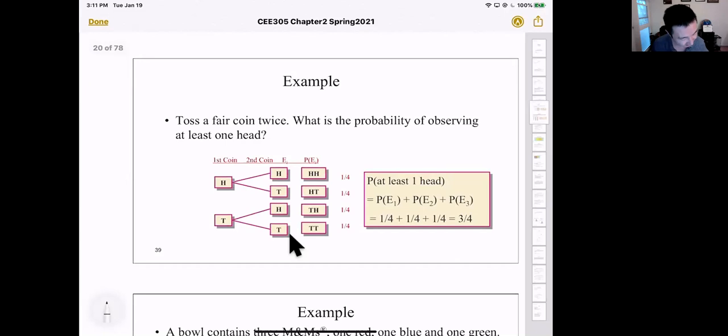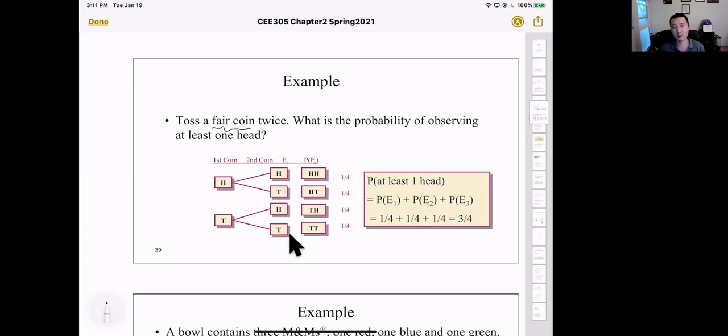If we toss a fair coin twice, what is the probability of observing at least one head? This question is a bit more complicated. The first thing we need to do is figure out what the possible outcomes are.